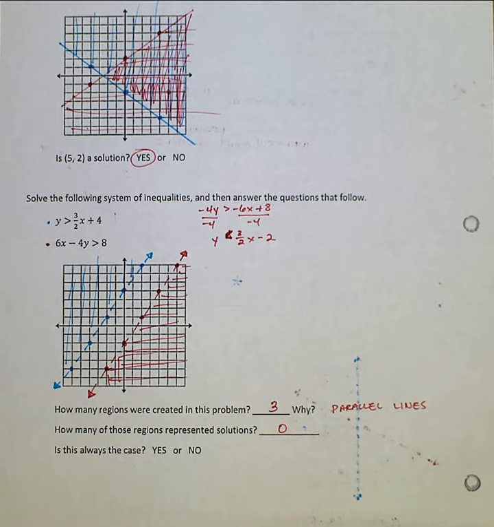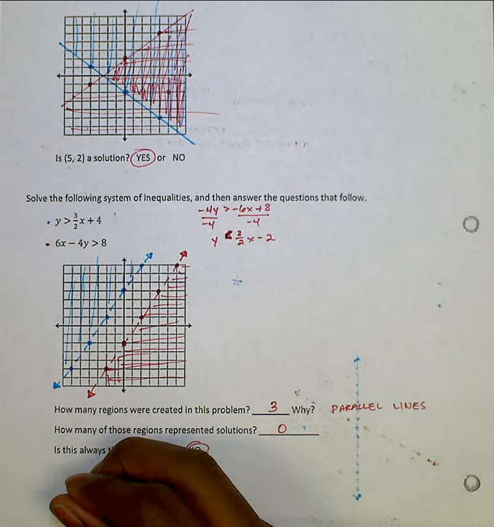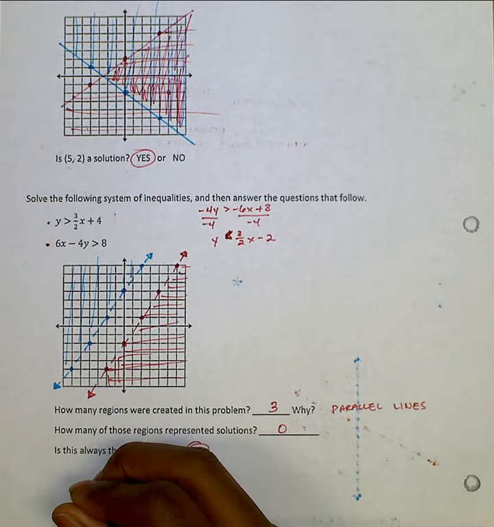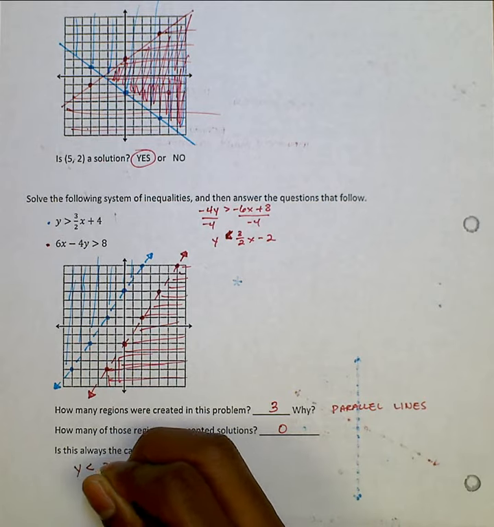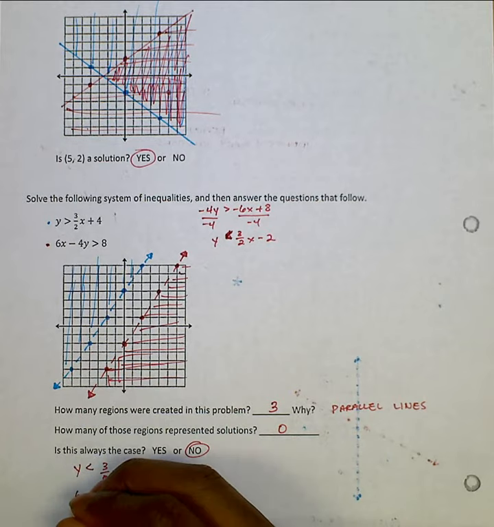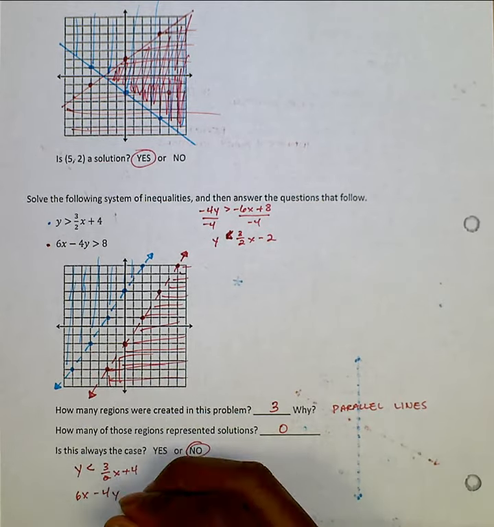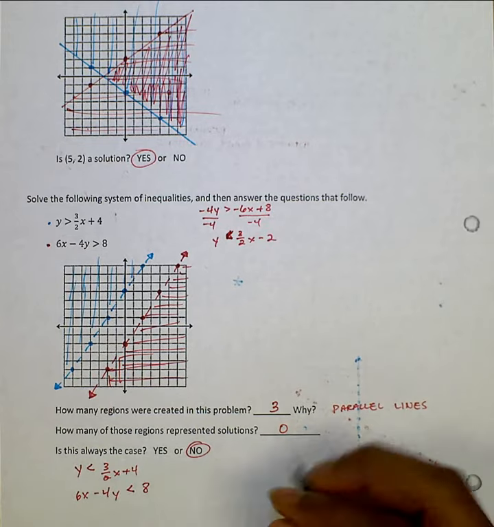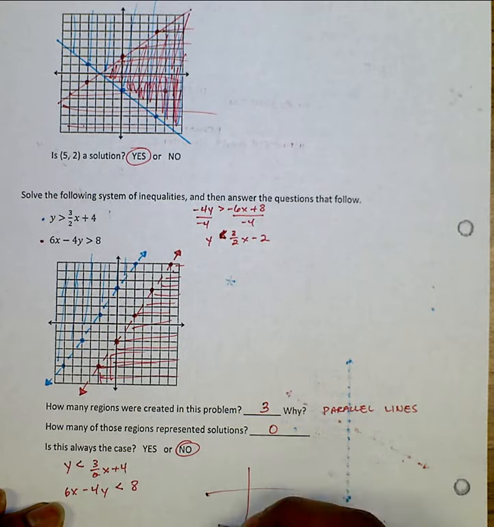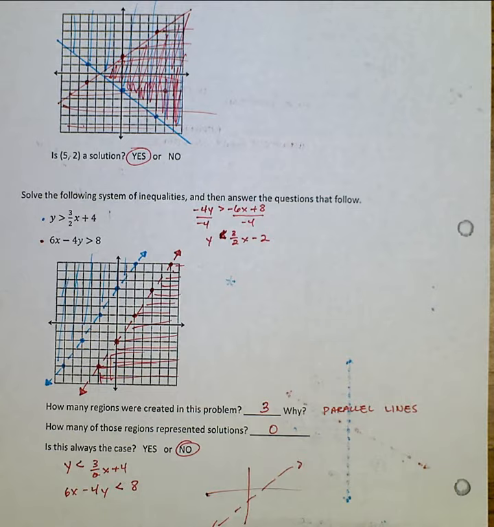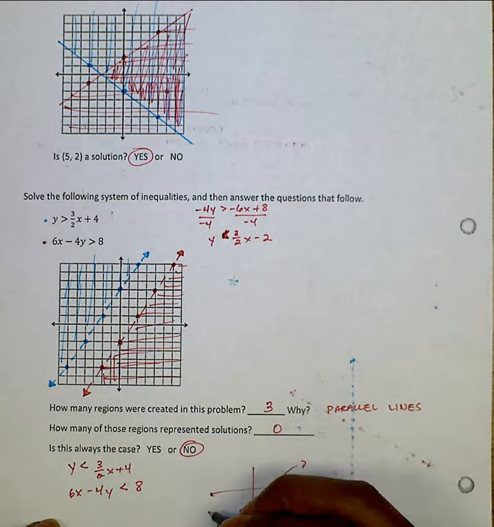Okay, is this always the case? No, this is not always the case. In fact, if our problem were changed only slightly, where we had y is, let's say, less than 3/2 x plus 4, and 6x minus 4y was less than 8, then we would have the same lines here, dotted here, and dotted here.